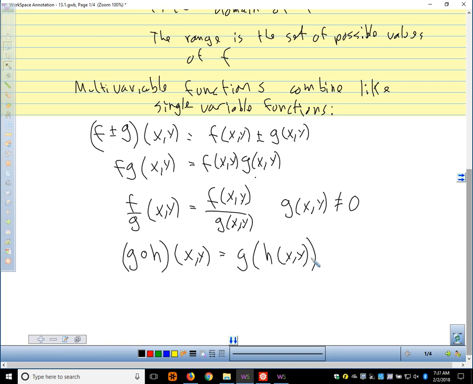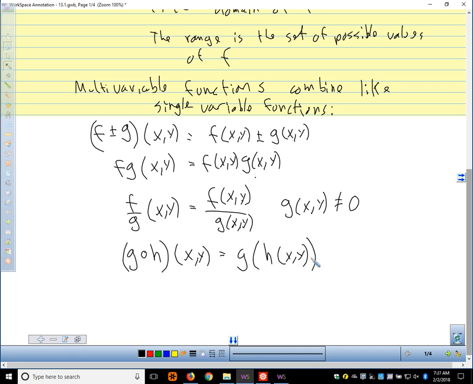All right, for what we're talking about in 13.1, we want to introduce multivariable functions, but what we're most interested in this section is how we visualize the graph of a multivariable function, and the different ways we can represent graphs of multivariable functions.